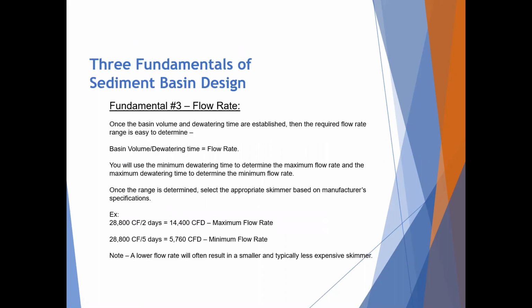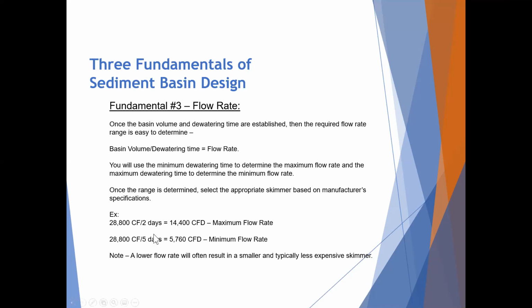And so the third fundamental is flow rate. It's a simple calculation: basin volume divided by your dewatering time will determine your flow rate. You can use the minimum dewatering time to get your maximum flow rate and, vice versa, the maximum dewatering time to get your minimum flow rate.